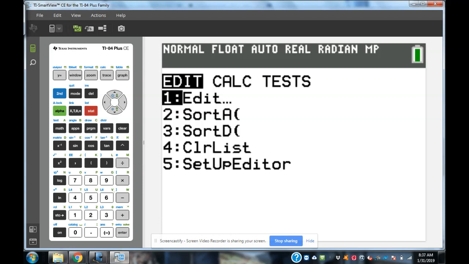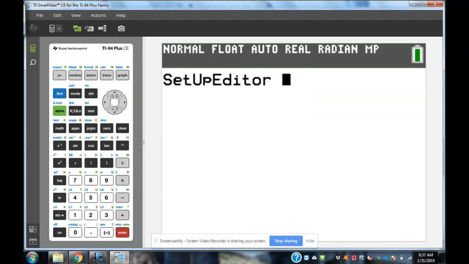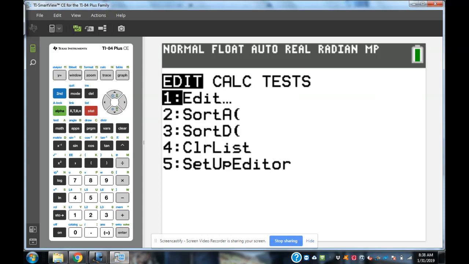So hit the stat button, and then everybody this first time hit the setup editor, and it should put that on your regular calculator screen, and then hit enter. That will just reset everybody's list in case somebody's is not set the same. So that gets us all the same.